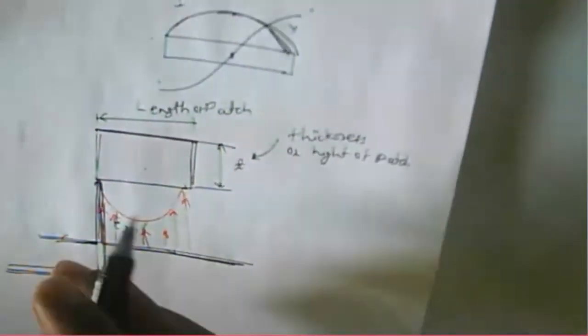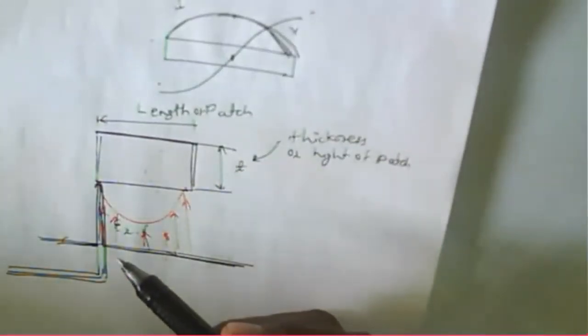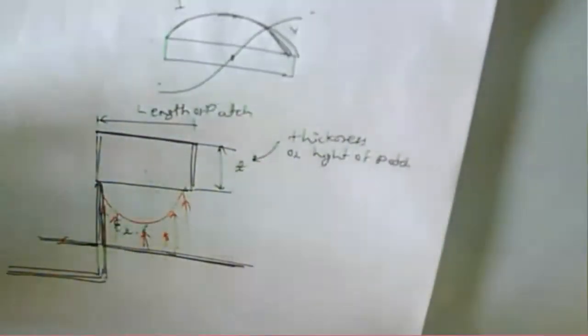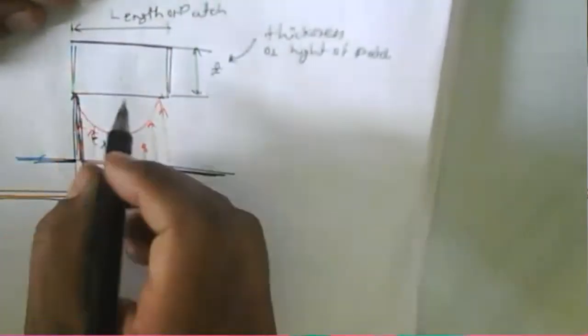Since this thickness is small, the patch will have some reflection coming from the ground plane, and that will change the radiation energy, or the incident energy of the signal.